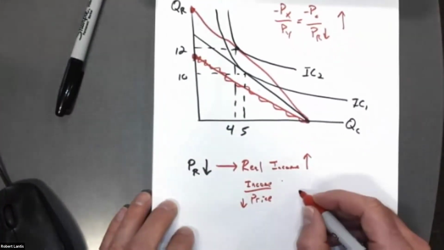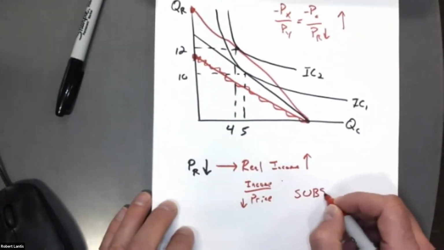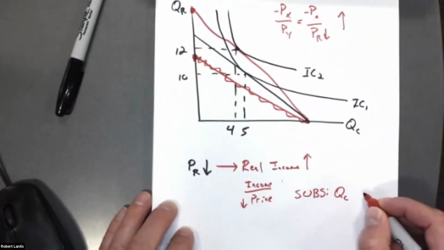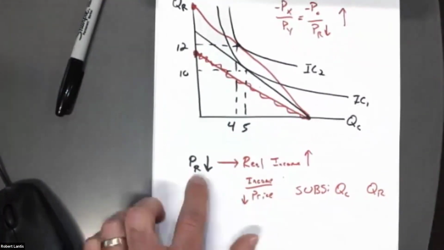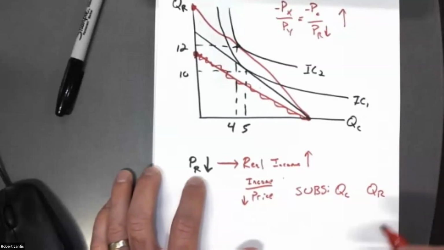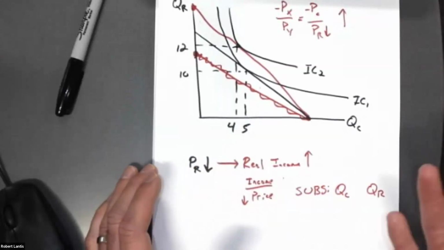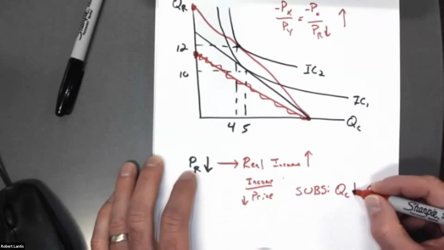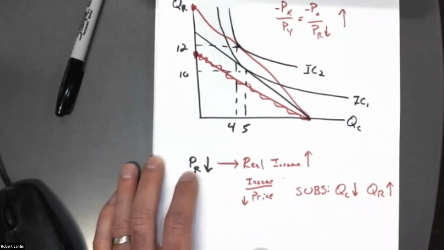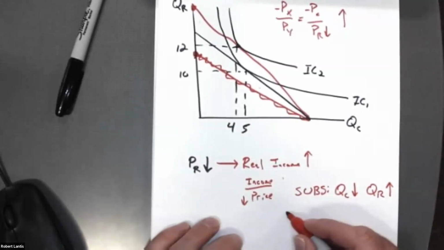Okay. Now, before we even think about real income, the substitution effect for both goods, we should be able to determine, right? When ramen is now cheaper, we should substitute towards whatever is now relatively cheaper. So we should buy more ramen, less caviar, right? That's our substitution effect.